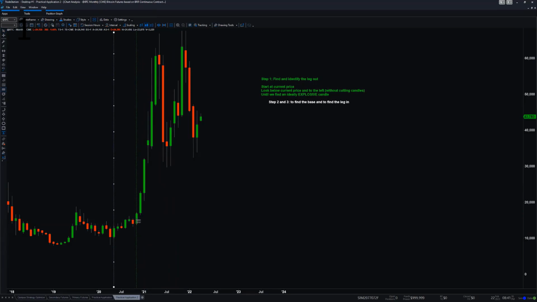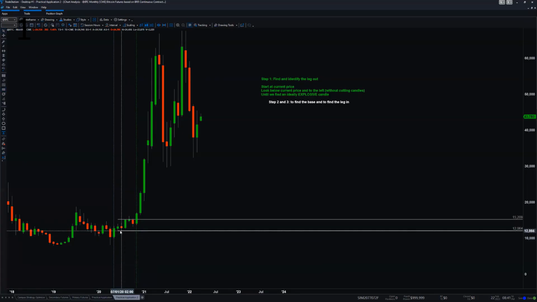If I have the preferred version, the proximal goes at the highest body of the basing candle. So all of these are my basing candles. And my distal goes to the lowest wick of my basing candles. Now this is my basing candle as well as the leg out. Here I have a small wick, then I go here, and then this is the lowest wick of my basing candles.